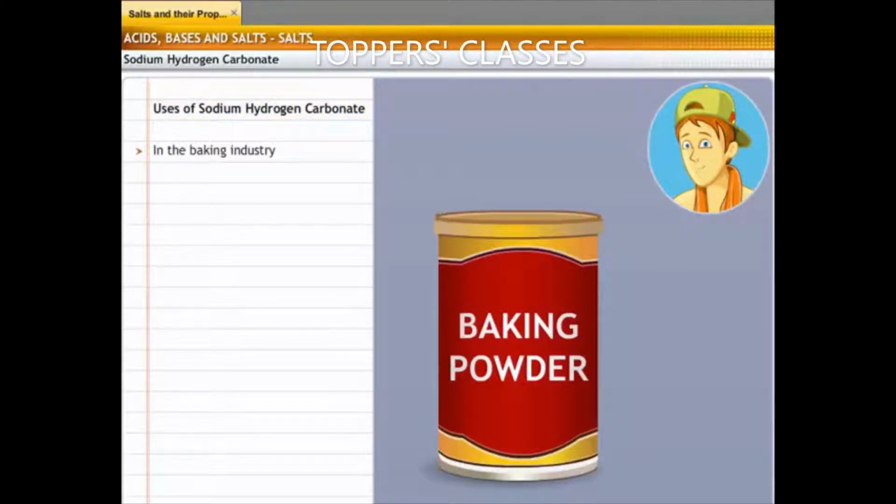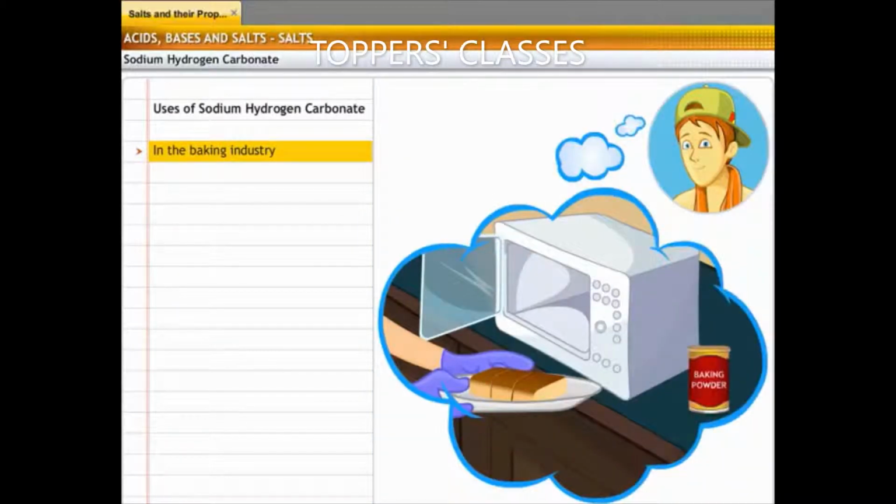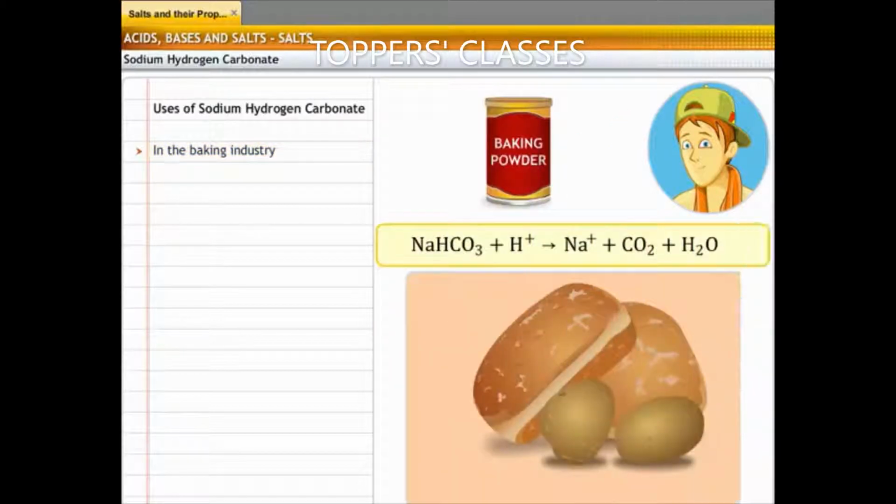One example would be that it is an important ingredient in baking. Yes, I remember. My mother uses it in the kitchen while she bakes a cake, and she also says that it can even neutralize the acid produced in our stomach. Baking powder is a mixture of baking soda and a mild edible acid called tartaric acid.